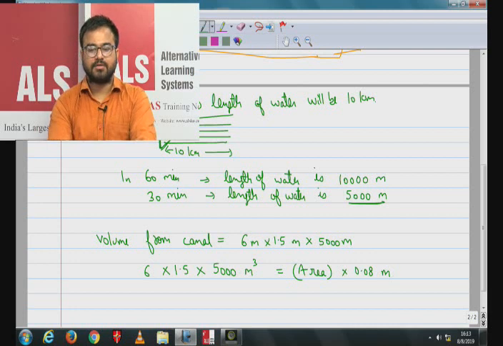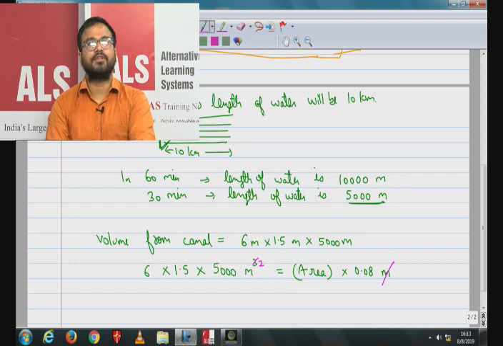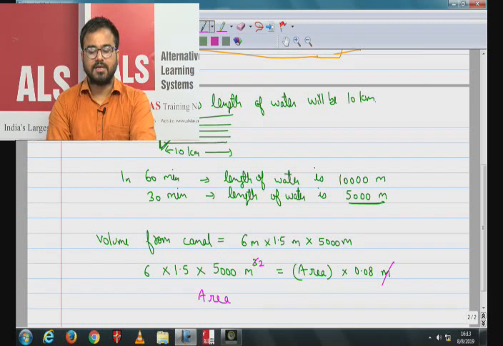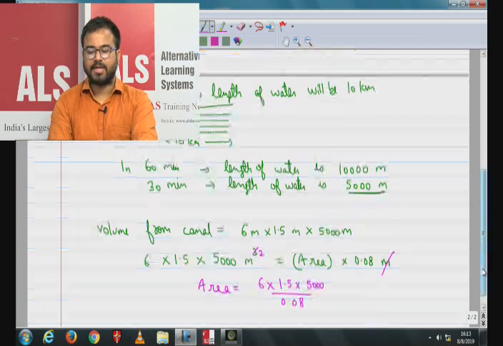Now you can cancel out this meter from both the sides. So on the left hand side, the unit is only meter square, which is the unit of the area. So you can say area will be equal to 6 into 1.5 into 5000 divided by 0.08. That will be the answer.